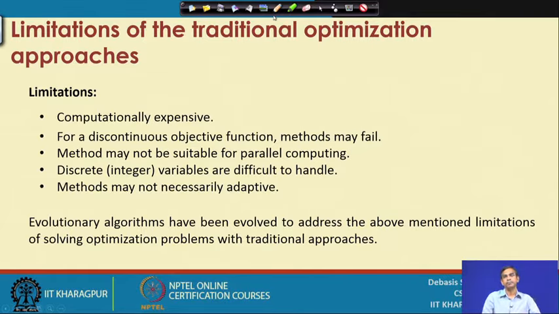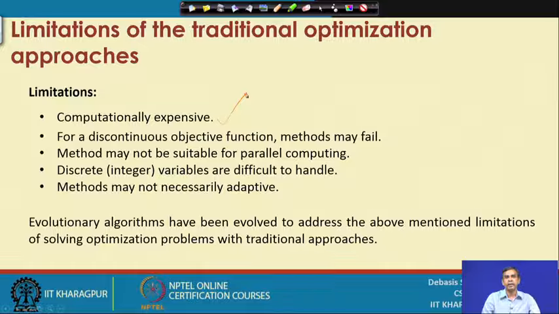Actually, the traditional optimization methods are computationally expensive. That means they cannot be applied to solve some optimization problems in real time. It may take 1 month to solve some problems.